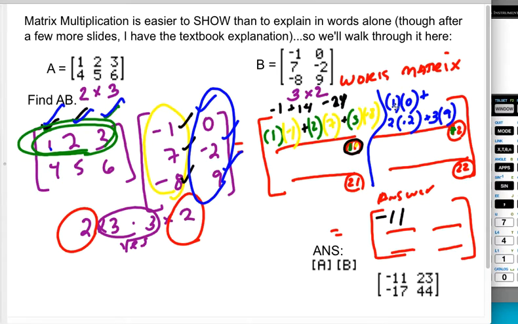And that's going to end up being 0 minus 4 plus 27, which is definitely a 23, and that's absolutely what we get here when we check on the calculator.